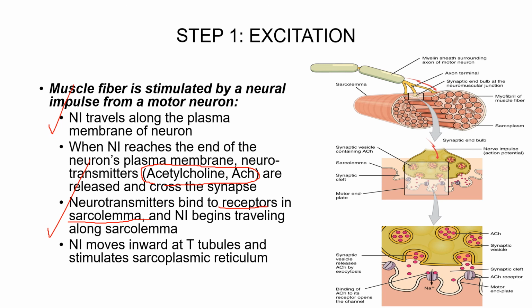And then what's going to happen is sodium is going to rush in. So calcium is in the nerve, sodium in the muscle, and then that sodium is going to create that new electrical charge, which is going to rush down the T tubules and eventually excite the sarcoplasmic reticulum, which is going to release our third ion, calcium.